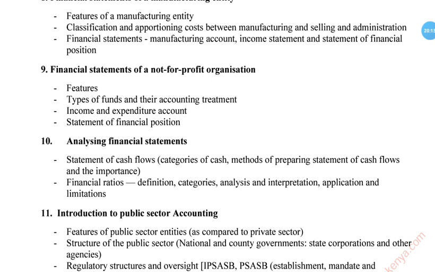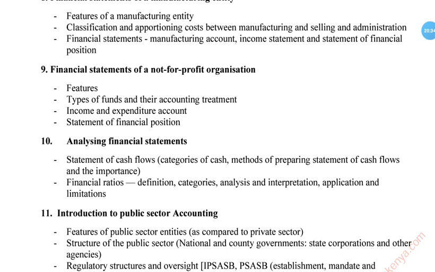Remember, we have three categories. We have cash flow from operating activities, cash flow from financing activities, and cash flow from investing activities. Those are the three categories, or what we call three activities of cash flow.